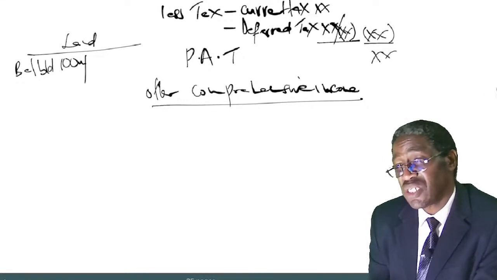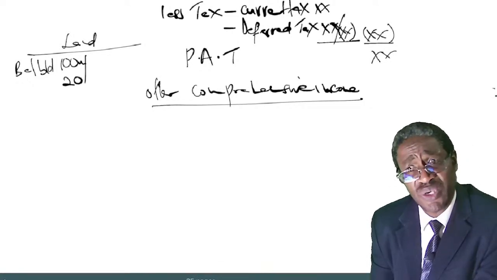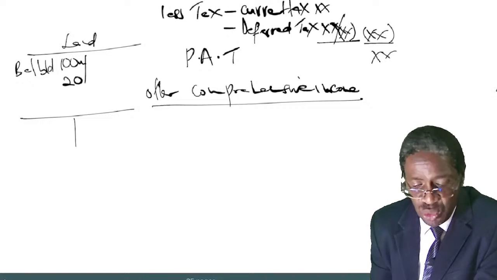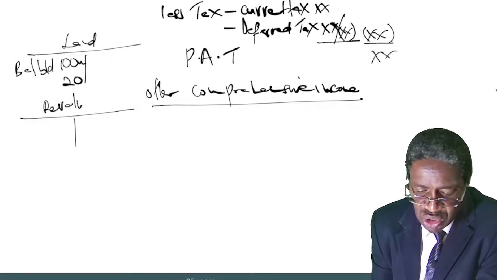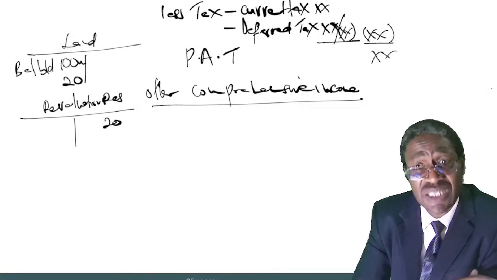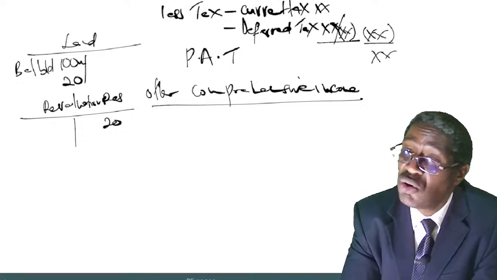If you revalue this land by an extra 20, the rule of course will be you will debit land by 20, and you will credit which account? You will credit an account called revaluation reserve. That's what you used to do. You debit the asset and you credit revaluation reserve.